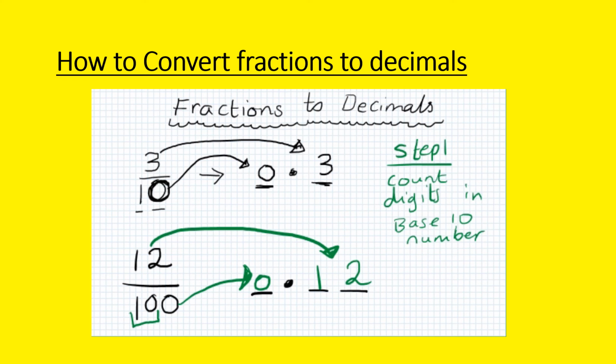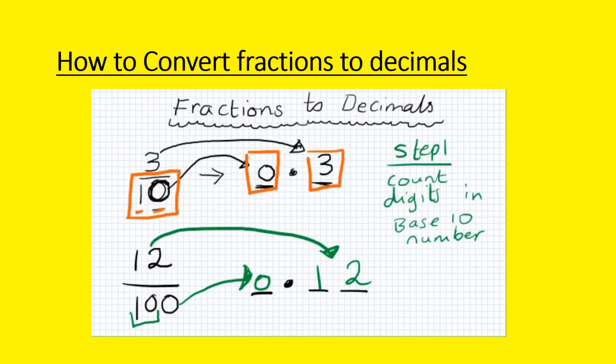We're now going to look at what's going on. Let's have a closer look. This here was base 10. Base 10 has got 2 digits. When I converted this to a decimal, my decimal number has also got 2 digits. Now this part's really important, okay? Let's look at the second fraction that we've just converted.